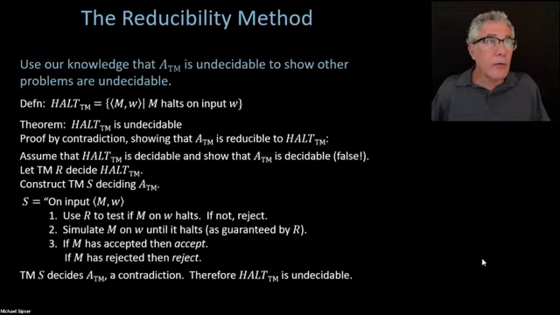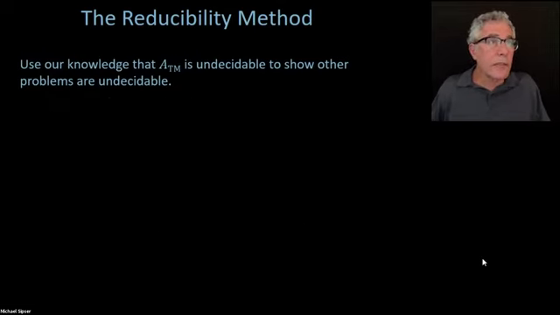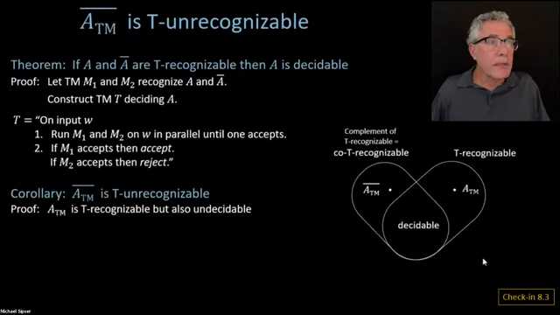So, if it would be helpful, I can go back to that slide, which proves that ATM complement is unrecognizable, because maybe we should start with the bottom. We know that ATM is recognizable and undecidable, right? We already proved those two facts.